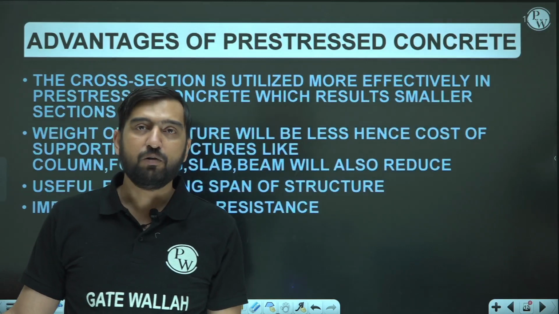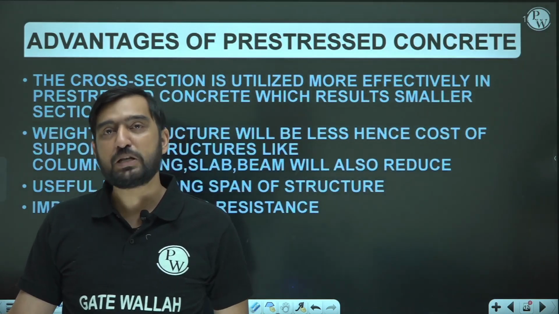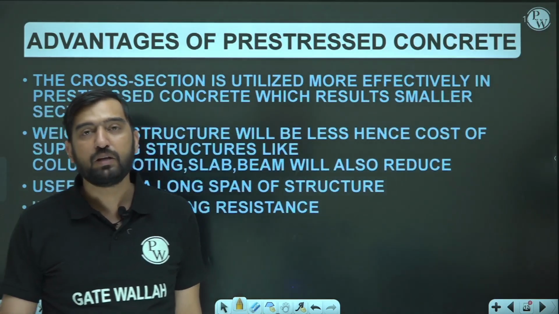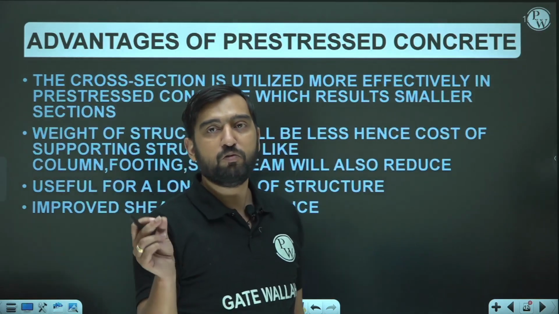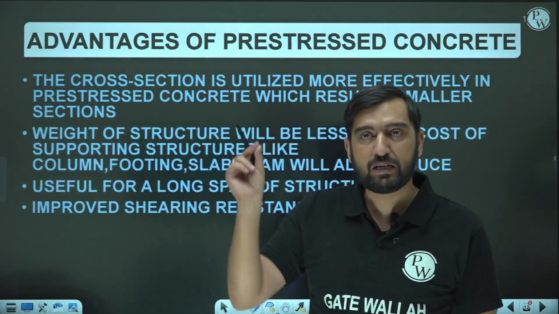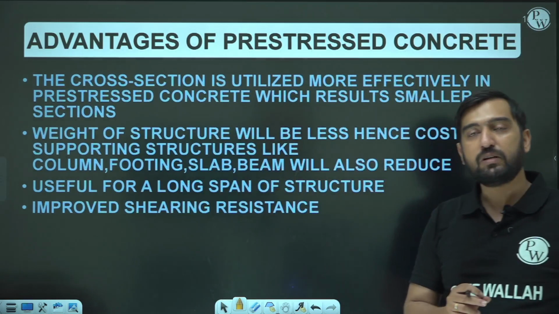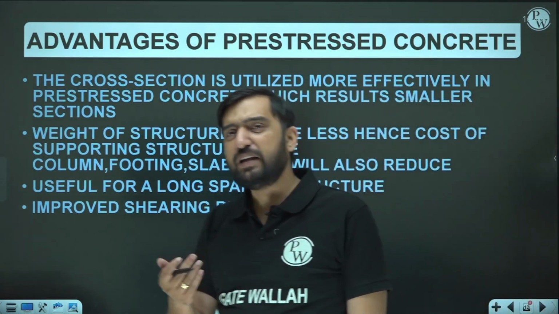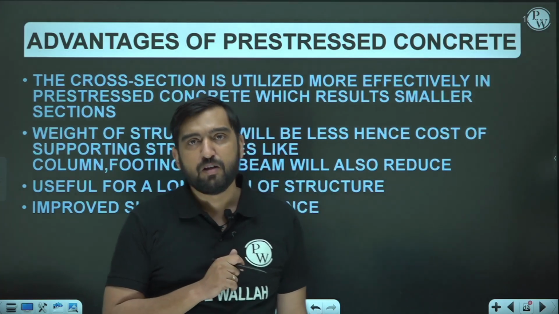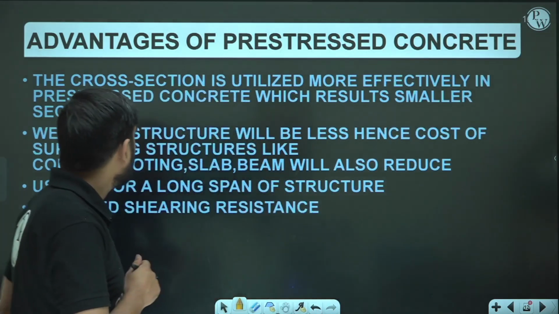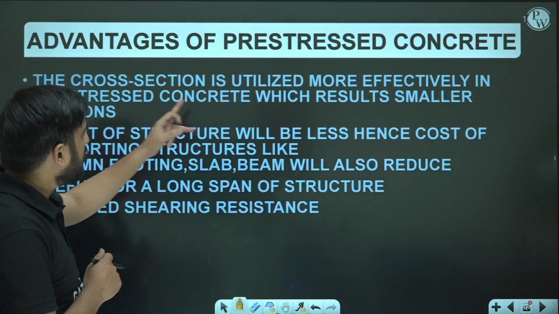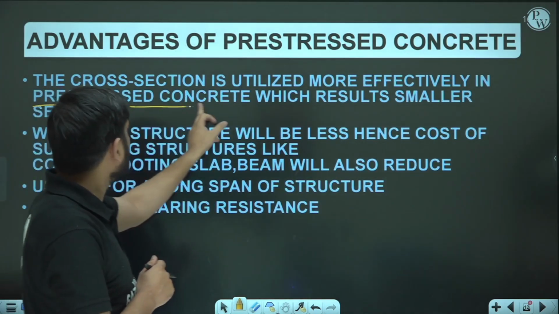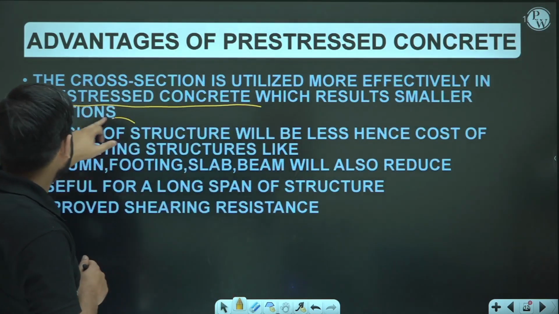Now what are the advantages of using pre-stress concrete? As I told you, first, you will be able to use the entire cross section, because the entire cross section is having either compression or slight tension which is under the permissible limit. So the cross section is utilized more effectively in pre-stress concrete, which results in a smaller section.